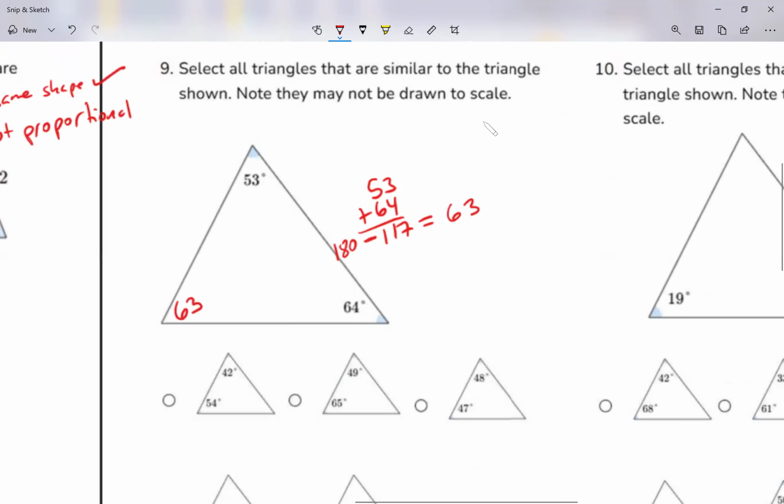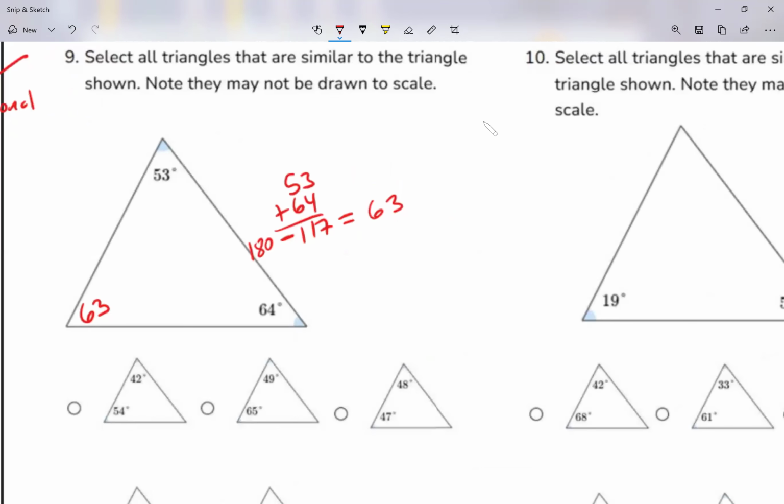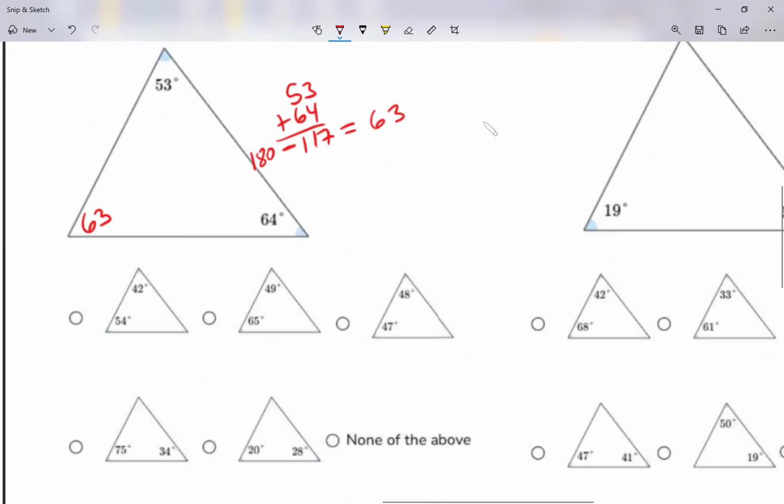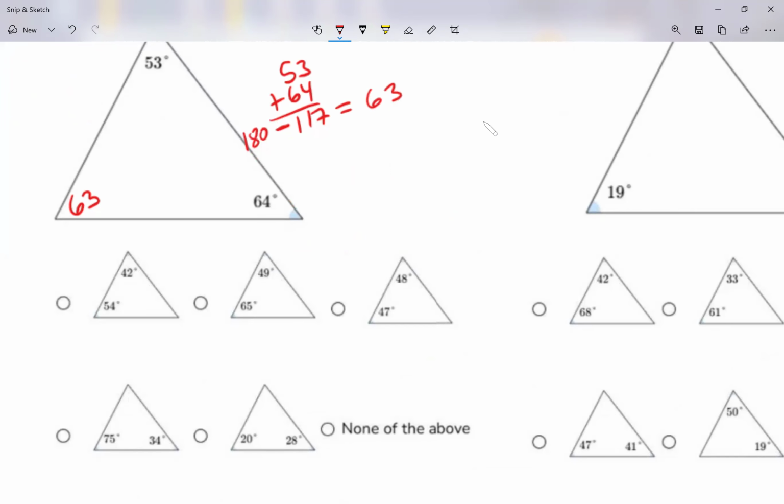I'm asked to select all the triangles that are similar to the triangle shown. I'm given 5 triangles. They all have the same shape, right? They look like triangles. I don't know about the sizes, but the angles of the triangle given are 53, 63, and 64. Each of these triangles has only 2 angles. If 2 of those angles are equal to 2 angles on my triangle, then they're similar.